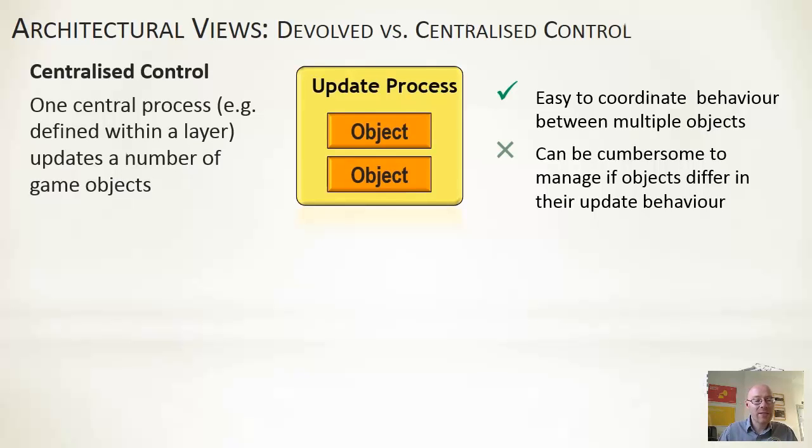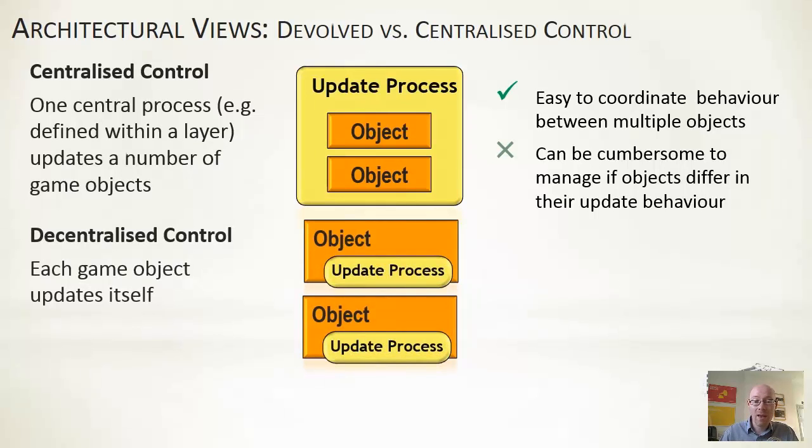In this case, each object itself has its own update method and gets to determine how it itself is updated. The advantage of this is that you can very easily have each object do its own thing. No issues at all. But the counterbalance to that is that if these objects need to communicate with one another or to coordinate their behavior, then it's generally more difficult and challenging to achieve that.